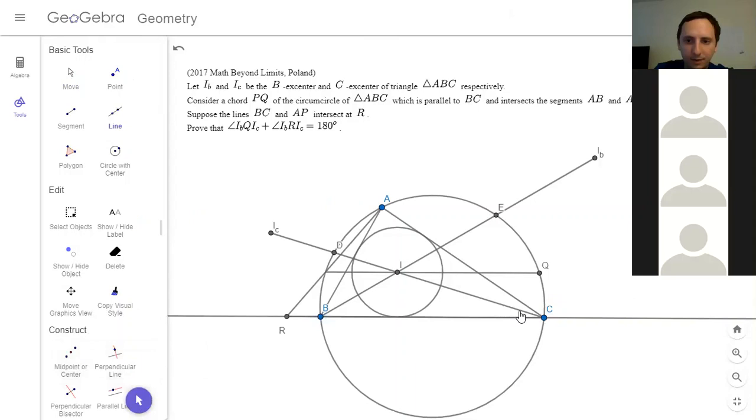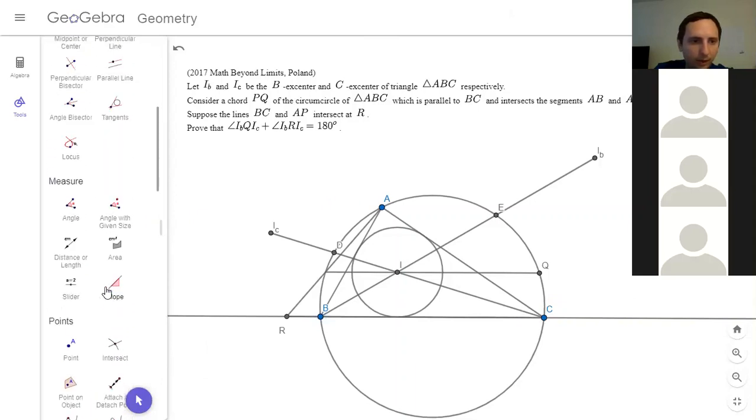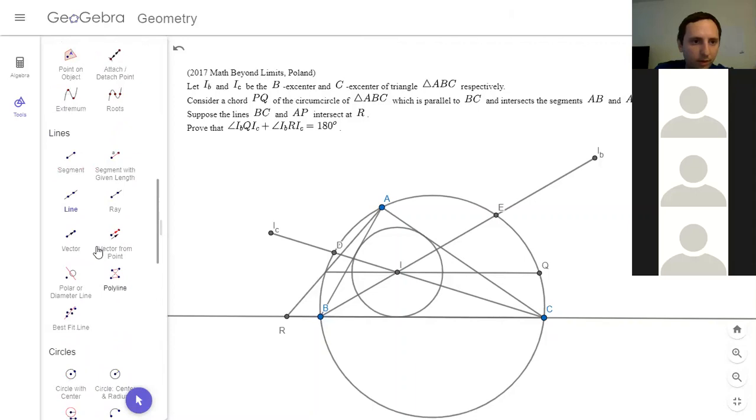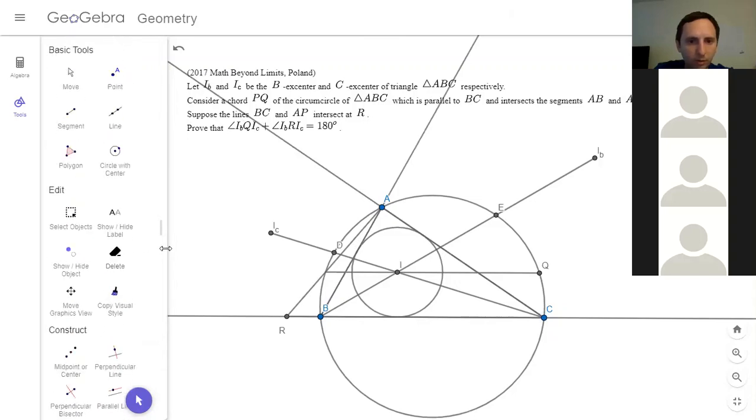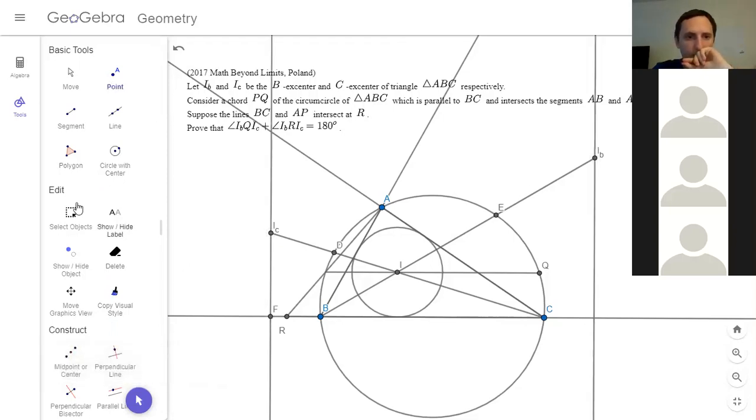Let me draw, where's the rays? Okay, so these are the two X circles.